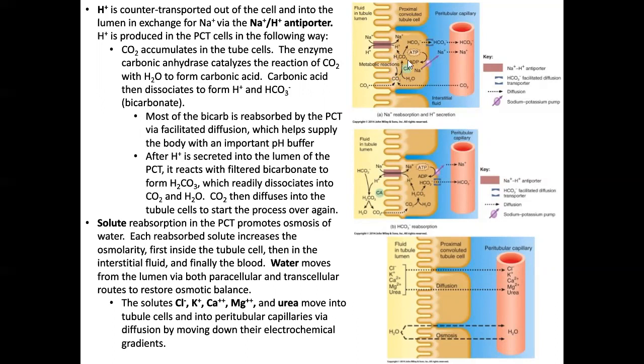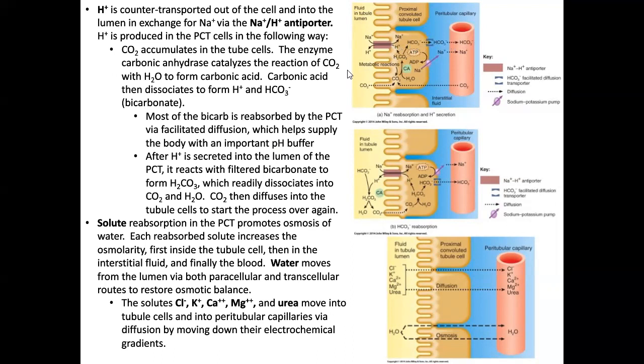It's an enzyme called carbonic anhydrase that takes CO2 and combines it with water, forming carbonic acid, H2CO3, which then breaks apart to the hydrogen ions and the bicarbonate ions. Most of the bicarb gets reabsorbed by the PCT via diffusion and then put into our bloodstream where it can act as an important pH buffer.